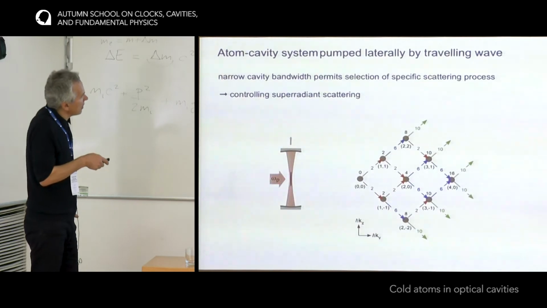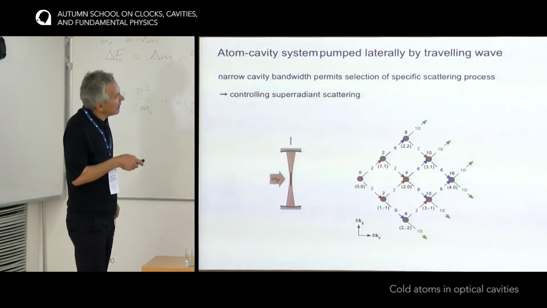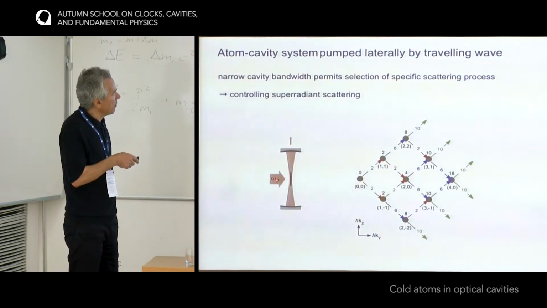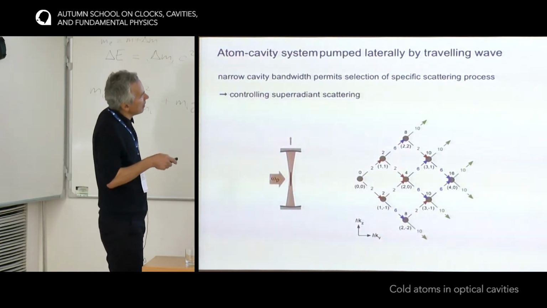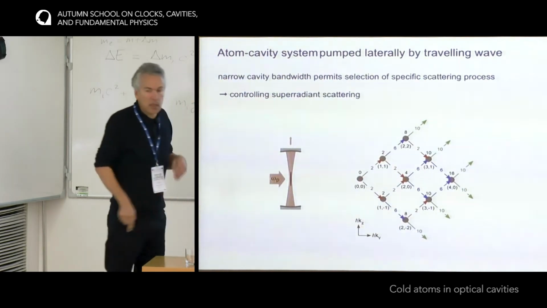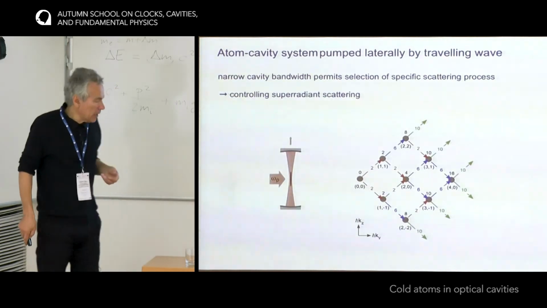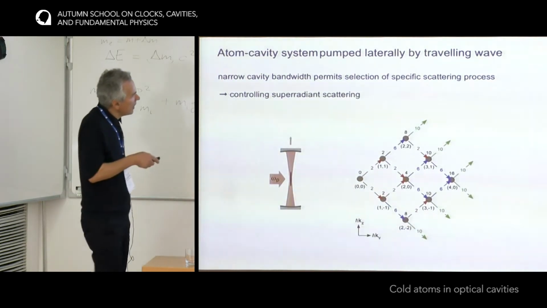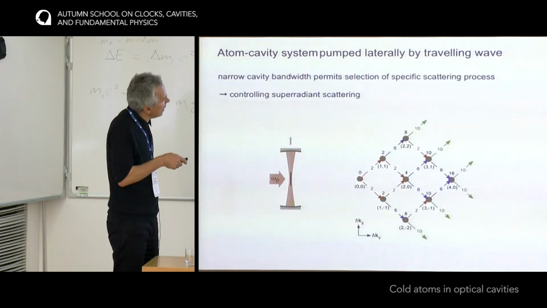So now let's start with a single beam from the side. In that case, the momentum states that are accessible by scattering processes, scattering a single photon from an atom in the BEC, this is what it looks like. And what one has to keep in mind is, again, due to the fact that our cavity lifetime, our kappa, is so long, we have to consider the difference in kinetic energies that are to be transferred in going from here to here.